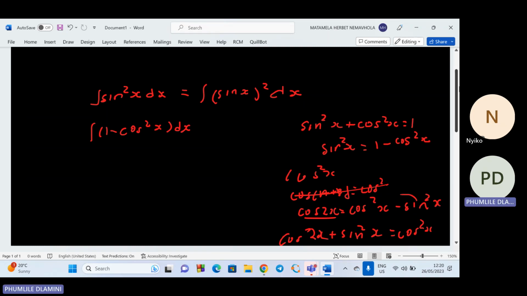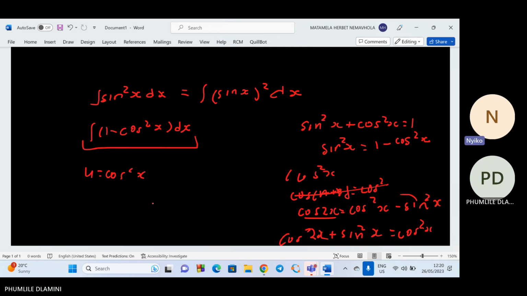Let u equal cos squared x, using that identity that's there. Okay, if we let u equal cos squared x, okay?